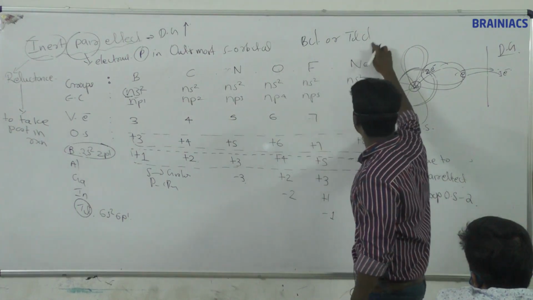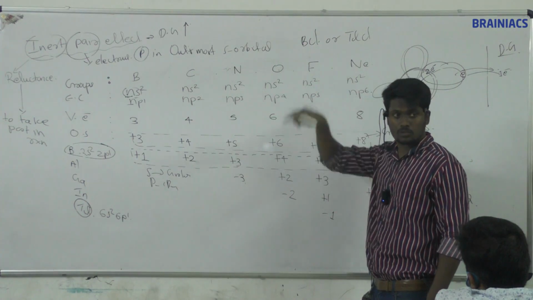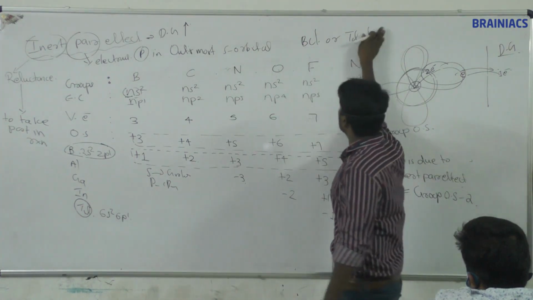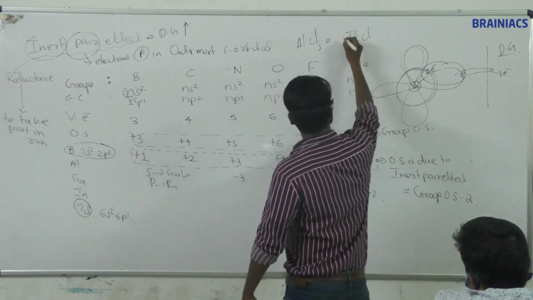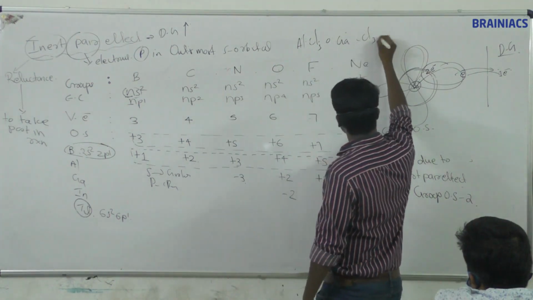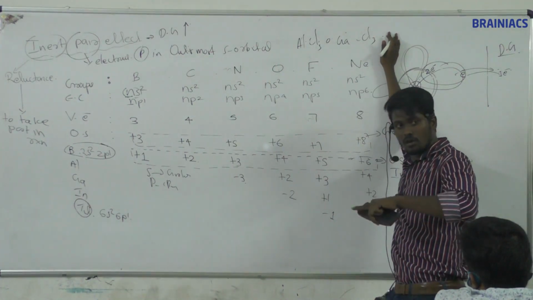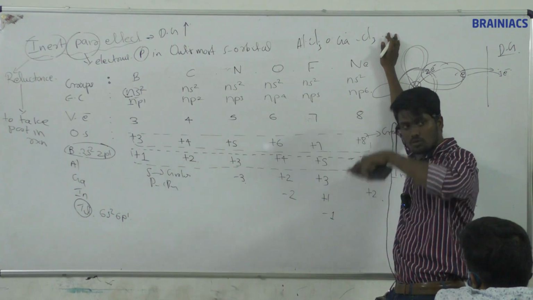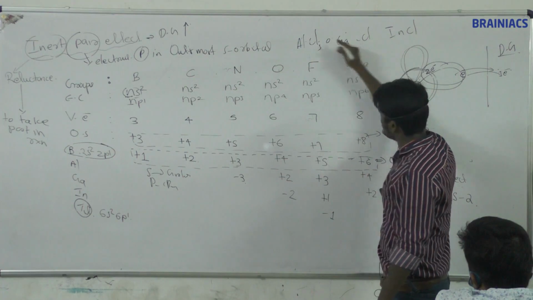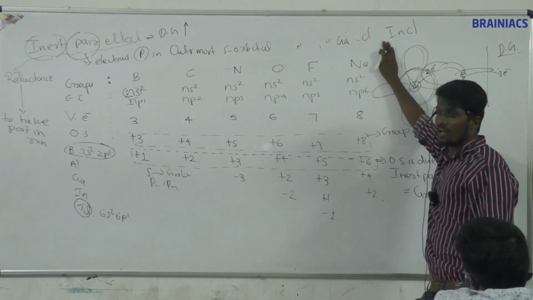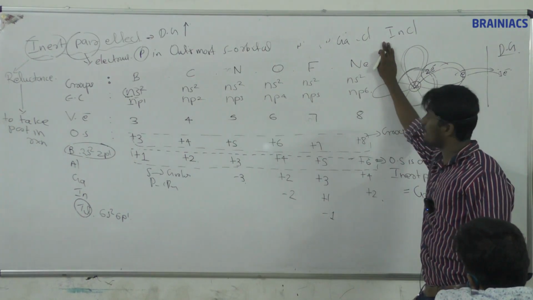Which is more stable, TlCl or BCl? TlCl, because thallium is more stable in +1 than boron. Next, AlCl3 or GaCl3? AlCl3, because in +3 oxidation state aluminium is more stable than gallium. GaCl or InCl? InCl, in +1 oxidation state indium is more stable.